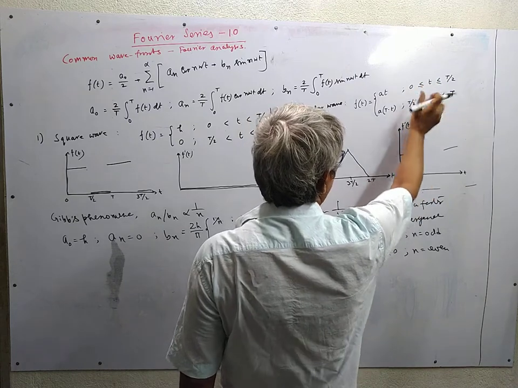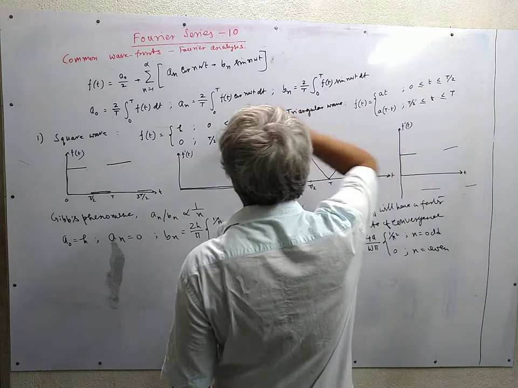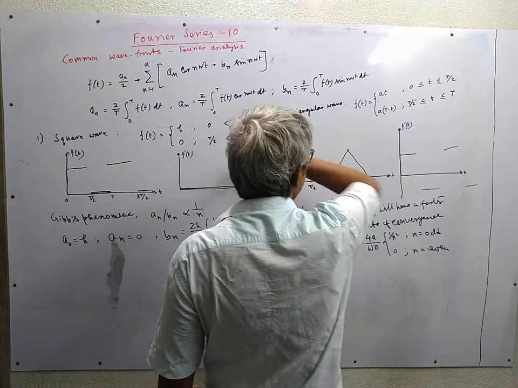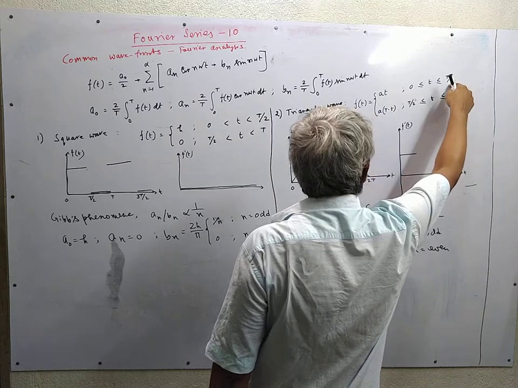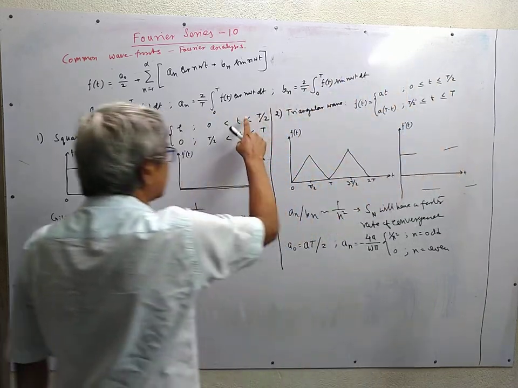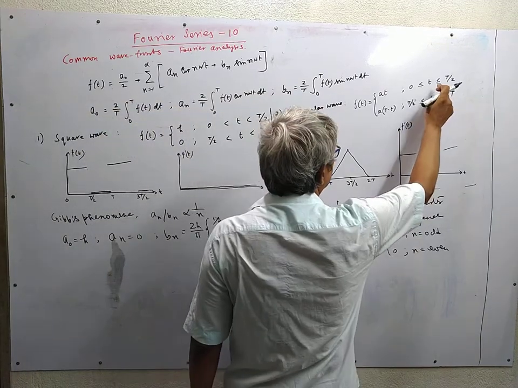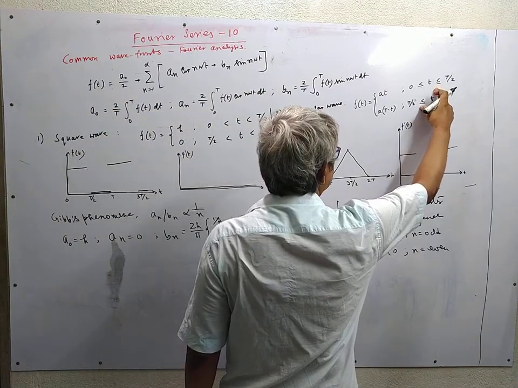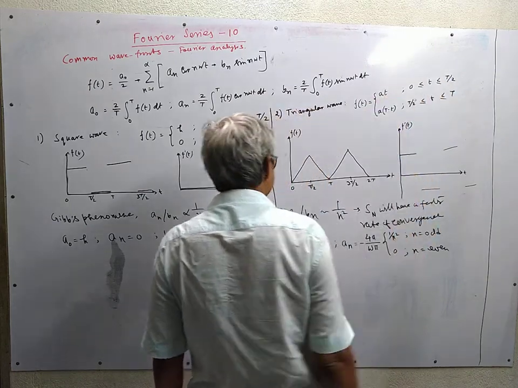If the function is continuous here, then you should put the equal to sign. If not, then put the less than sign. If the function is continuous here, then you put less than or equal to sign. Otherwise you put the less than sign. If we have the less than sign here, then it will also be there because they are the same points.